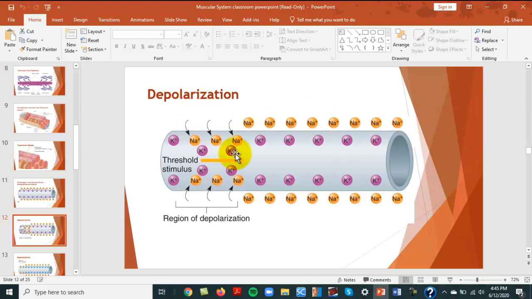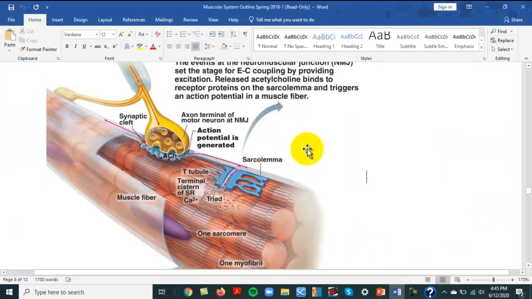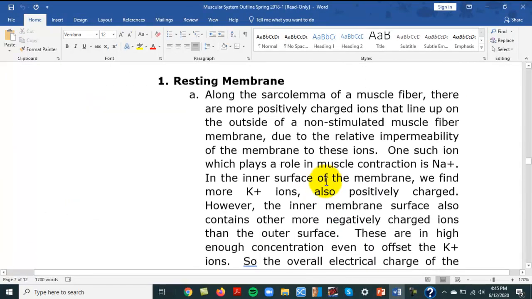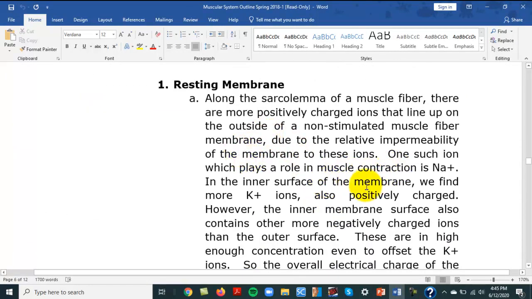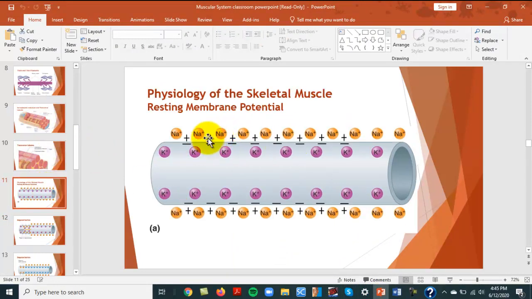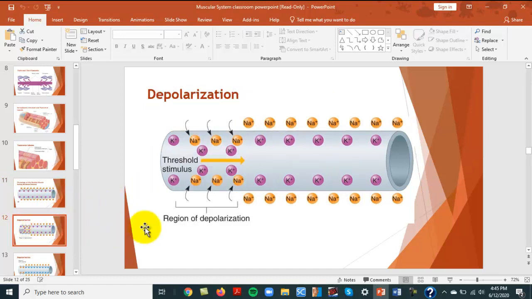All those ions rushing inside a muscle fiber will temporarily cause the membrane to switch. Remember, a resting membrane, I guess I can go back to our picture. Remember, a normal resting membrane, the outside is positive, the inside is negative. When a muscle depolarizes, that charge switches temporarily across the membrane. The outside becomes negative and the inside becomes positive.